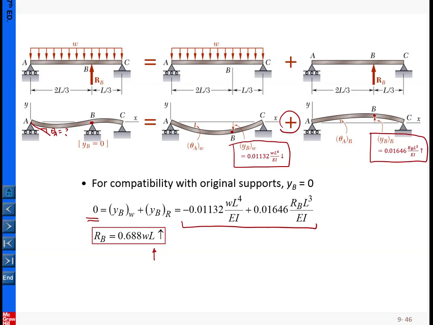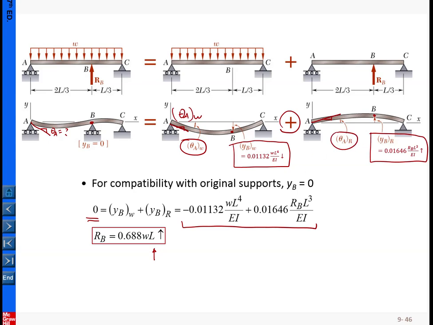Okay, so the simple concept is this. We use the superposition principle. So this is called theta A and W. Something like this one here already, and this is in a similar way. So this is a slope.